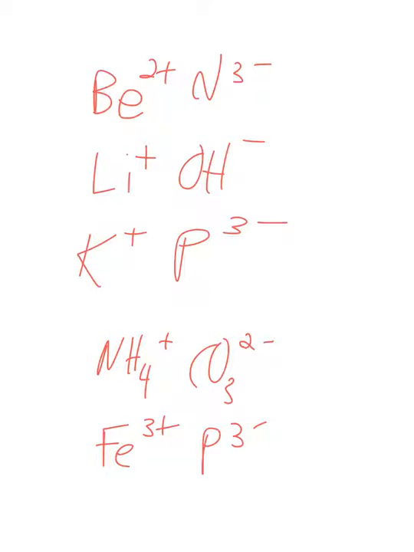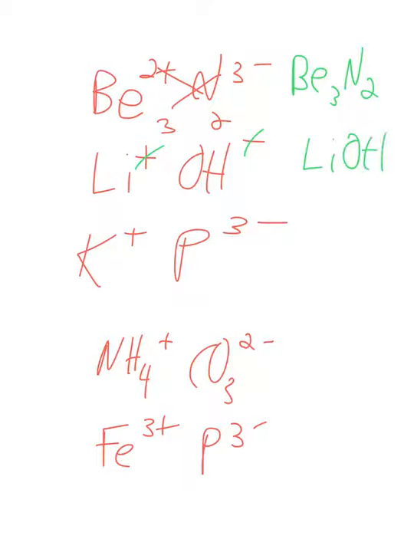Okay, so hopefully you tried these. So what you should have done is 2 here and 3 here. And this should have been Be3N2. These cancel out. I do not want to see parentheses on here on the OH. It would be wrong on the test. Here, your 3 and your 1 are going to switch, so this is K3P.